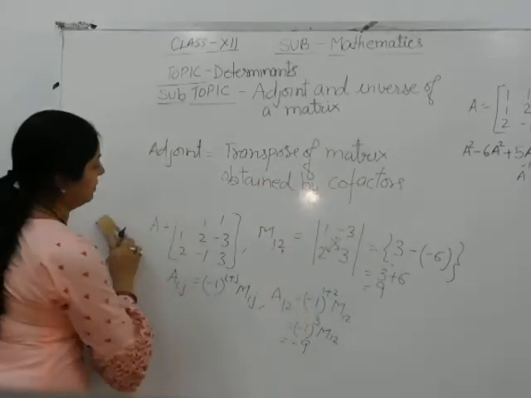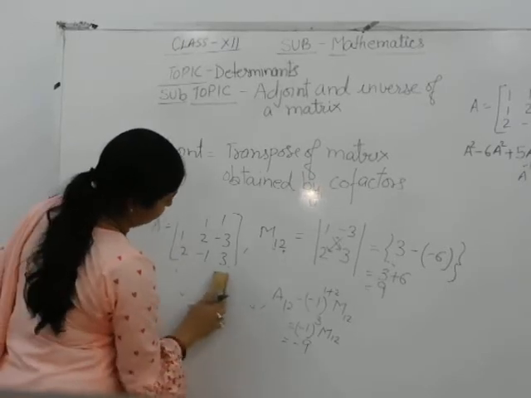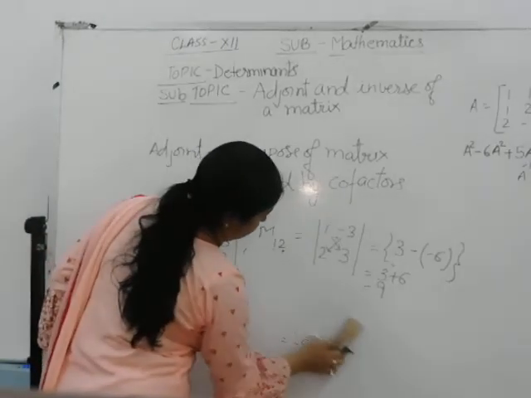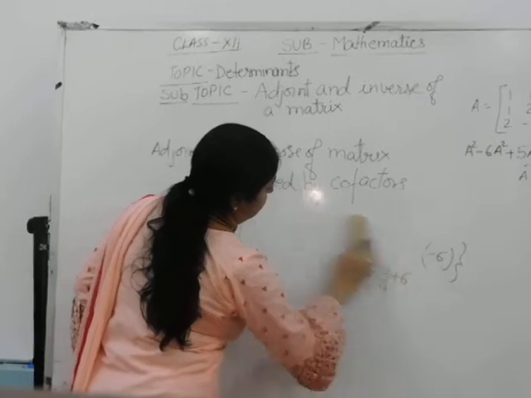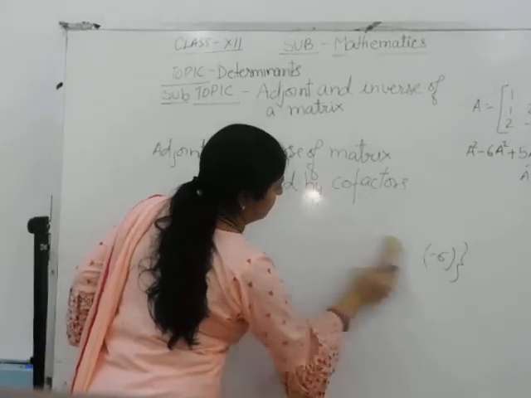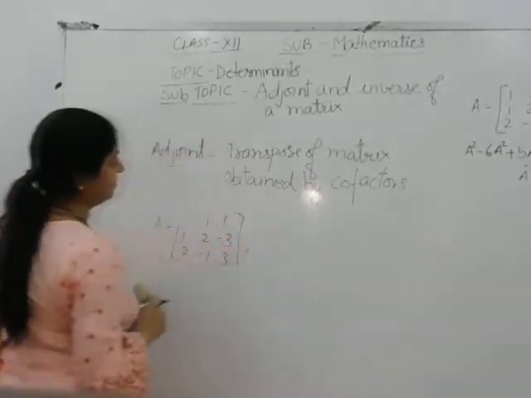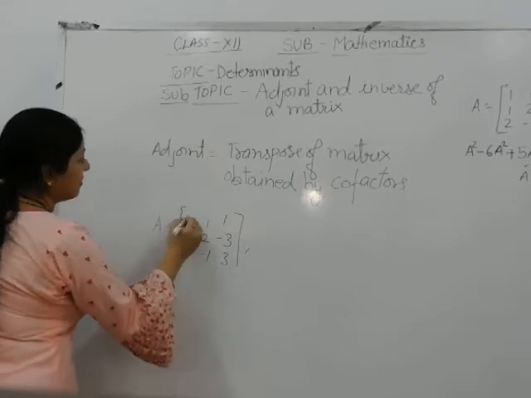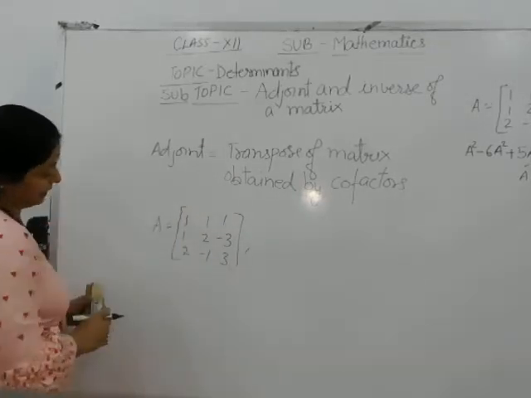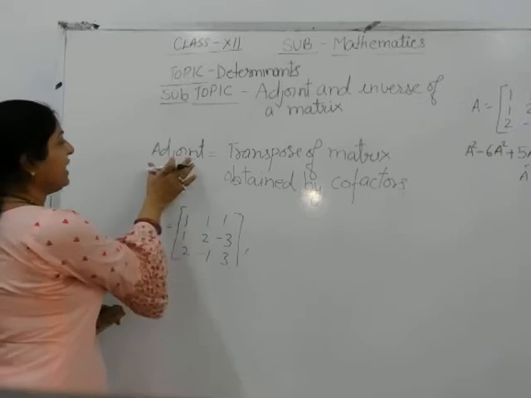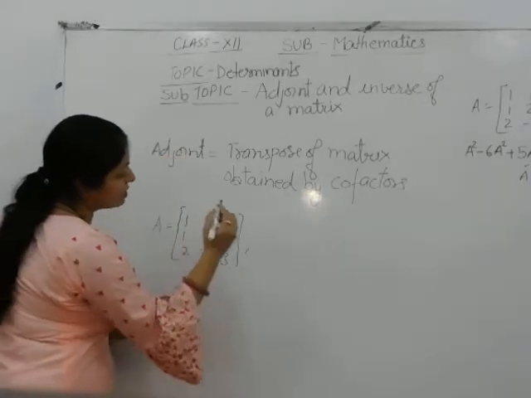Now the given matrix is 1, 1, minus 1. For this, we find the adjoint.